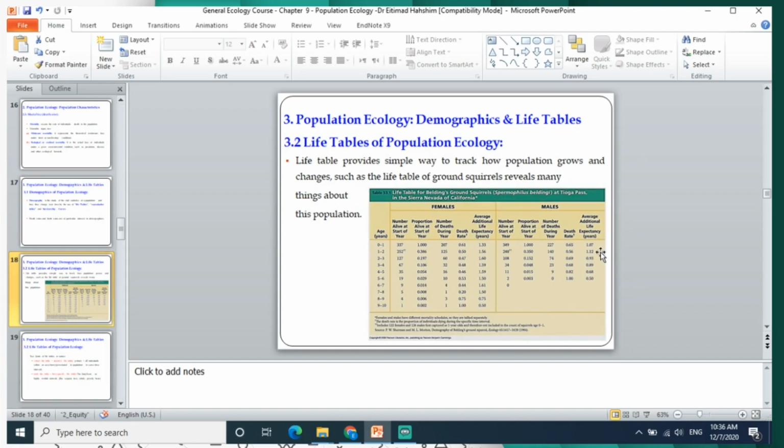Let's have an example. Here is the life table for the ground squirrel. As you can see, it gives an estimation of the age groups for males and females. Then we can predict how long these animals can live, how long they can reproduce, and how many of them are in nature.